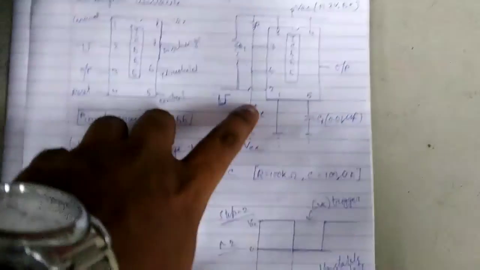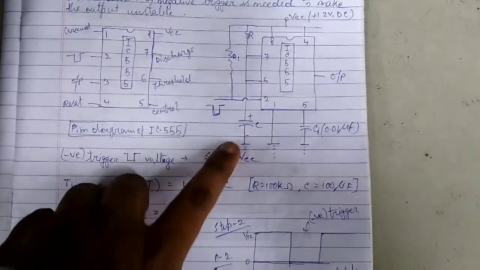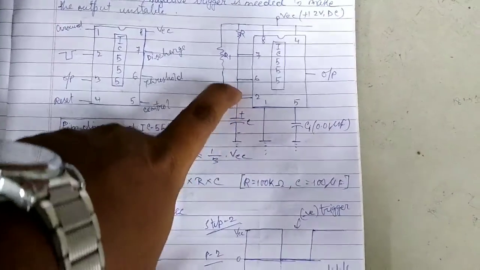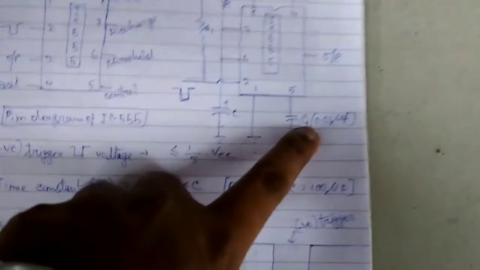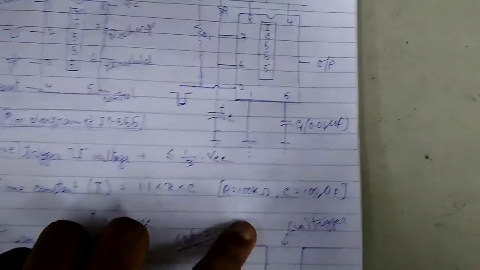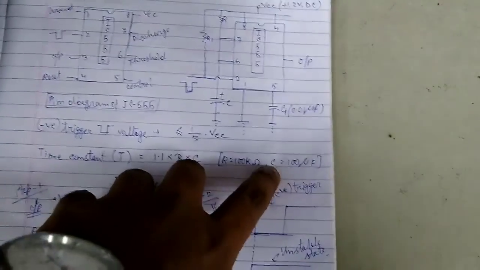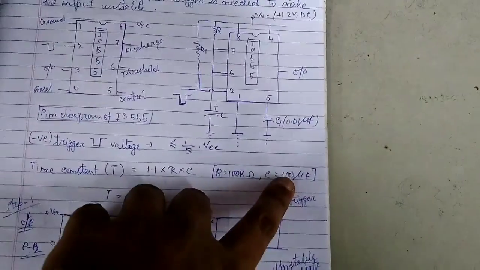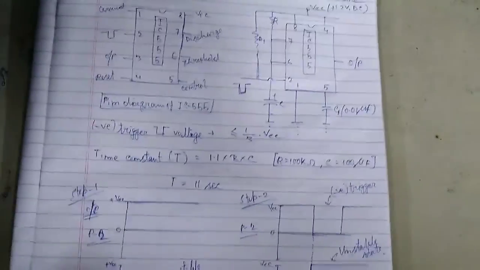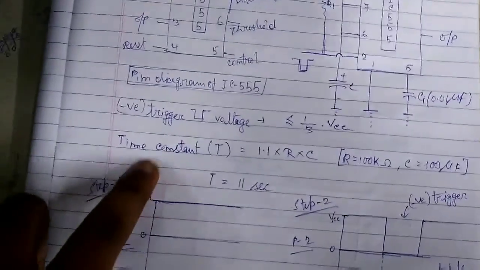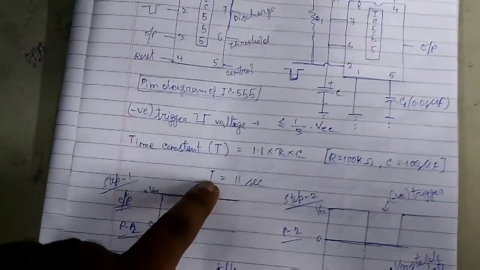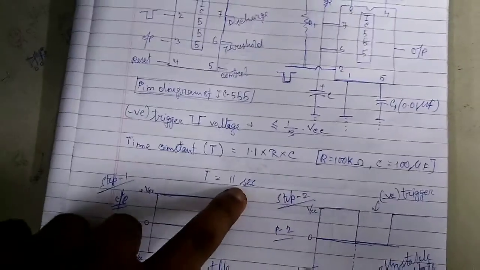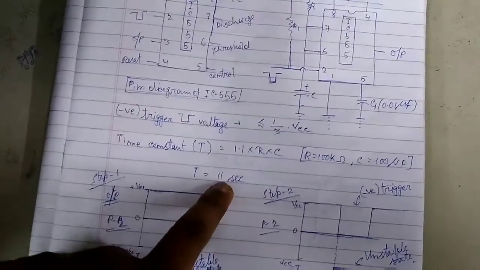And the capacitor, this capacitor only, that is connected with pin number 6 and not C1, as I told that this capacitor is called a noise reduction capacitor. So the value of this capacitor is 100 microfarad, and calculating with these values of R and C, we are getting T, time constant, equal to 11 seconds.